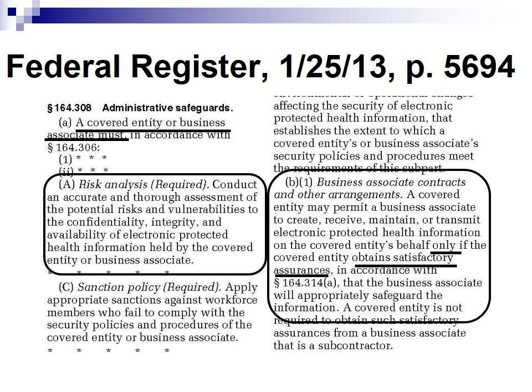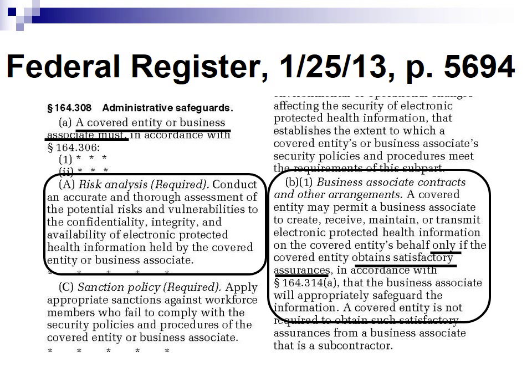A business associate is now defined as any organization that creates, receives, maintains, or transmits protected health information on behalf of a covered entity. A covered entity can be a business associate of another covered entity.